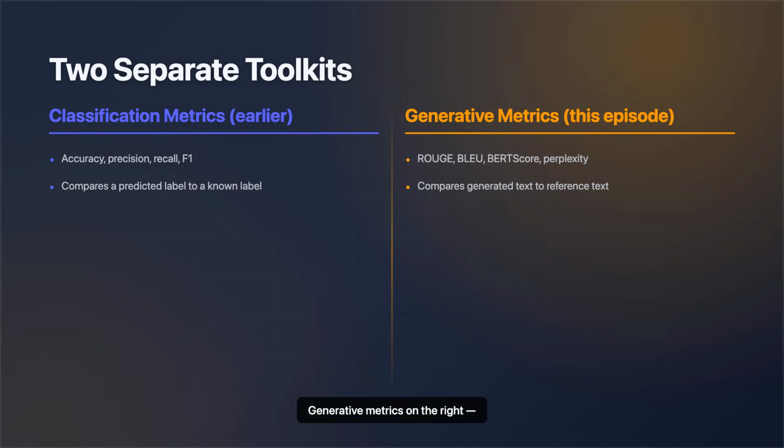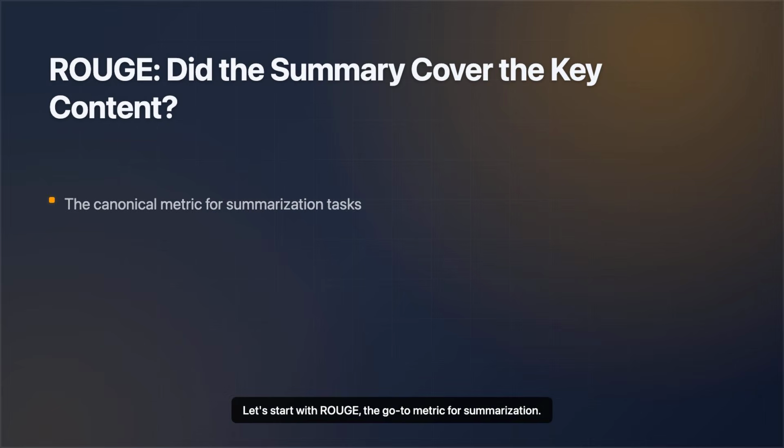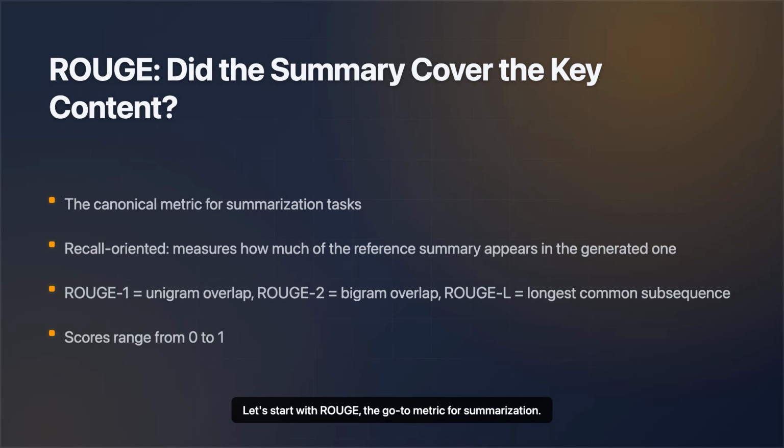Generative metrics on the right, ROUGE, BLEU, BERTScore, and Perplexity are what will build up across this episode. Think of the right column as a preview scaffold. It will fill in as we go, and by the end you'll know which metric to reach for when a scenario describes the task. Let's start with ROUGE, the go-to metric for summarization.